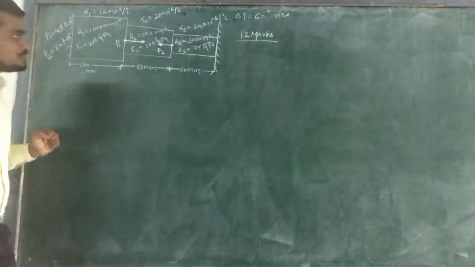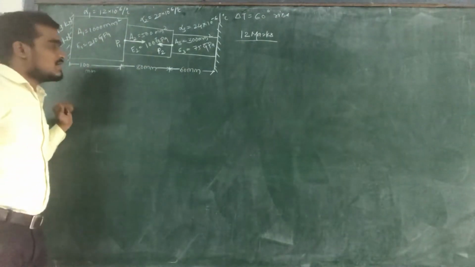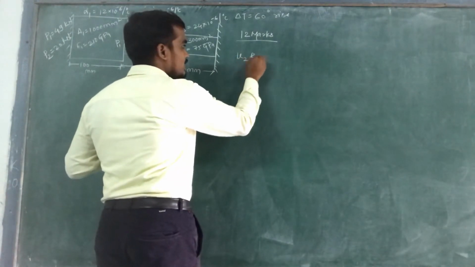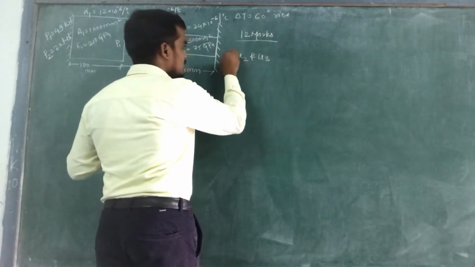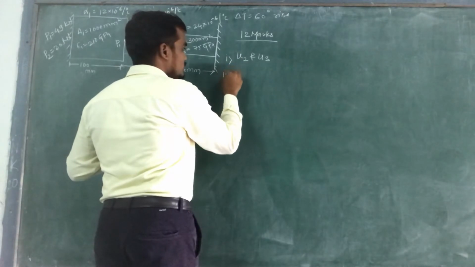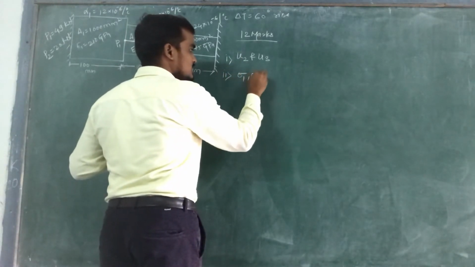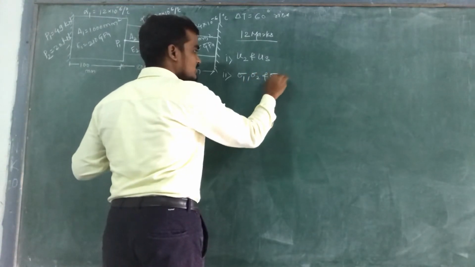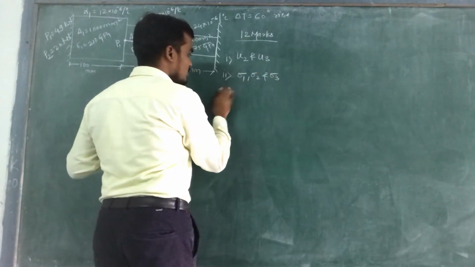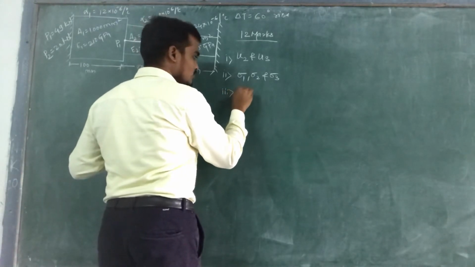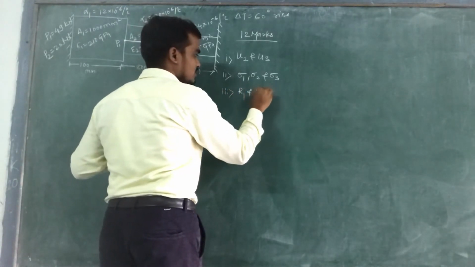So here we are asked to find the nodal displacements at node 2 and at node 3. Then find the stresses in each element, meaning we need to find sigma 1, sigma 2 and sigma 3, and the support reactions at node 1 and at node 4.